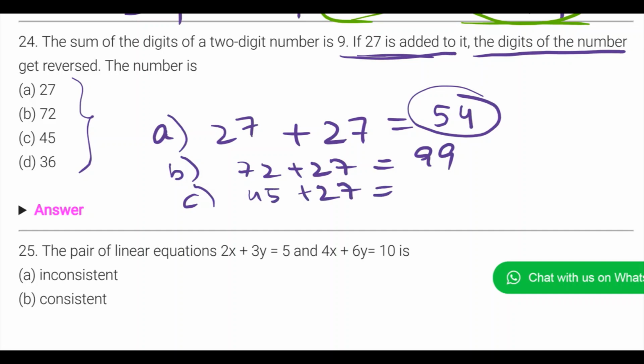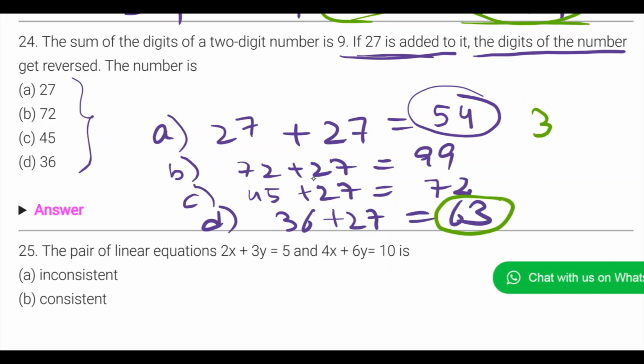This will give us 72, no. And option D is 36 plus 27, which gives us 63. We can get 63 by reversing the digits of 36. If you swap these two digits, we get 63. So option D.